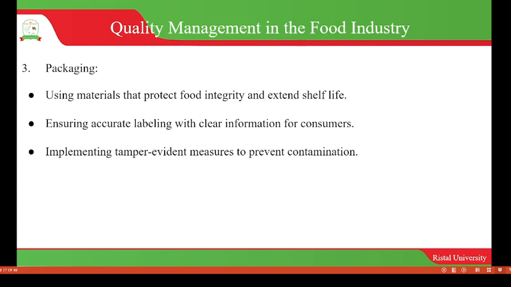For instance, we can use seals so that once the food product is opened, it can easily be seen by consumers, because once the food product has ever been opened, that means there's a possibility of contamination occurring in the product, and hence the consumers will be in a position of taking good decisions.